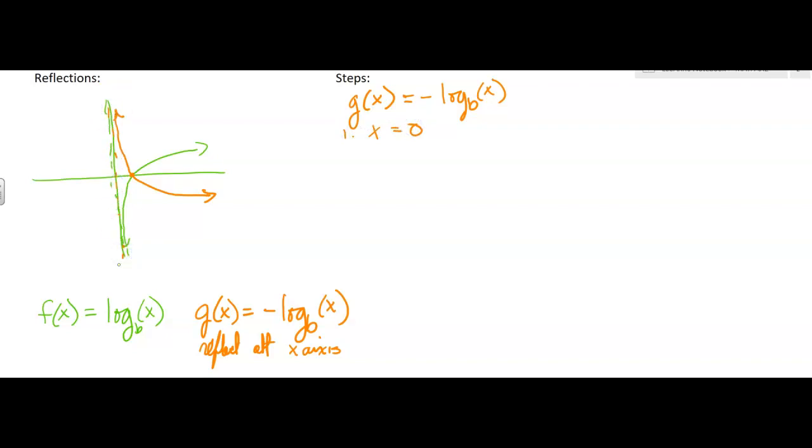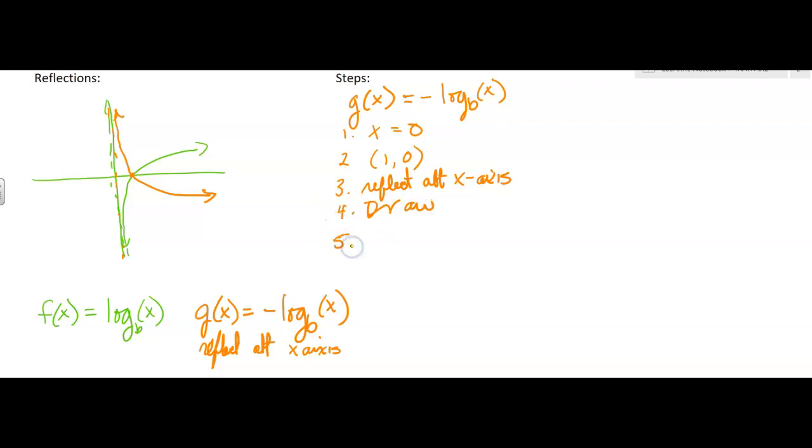Okay? And then it's still going to go through the point 1, 0, the x-intercept. And then it's going to reflect about the x-axis. Now, the shape is going to be dependent on that parent function, whatever b is, right? All right, and then you have to draw the curve. These are the steps they give you.